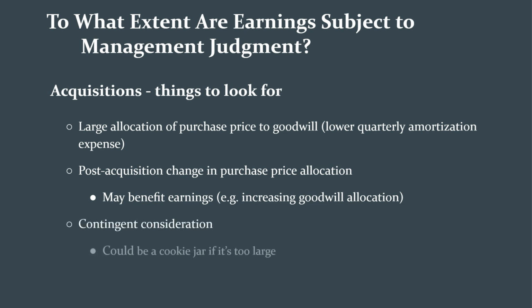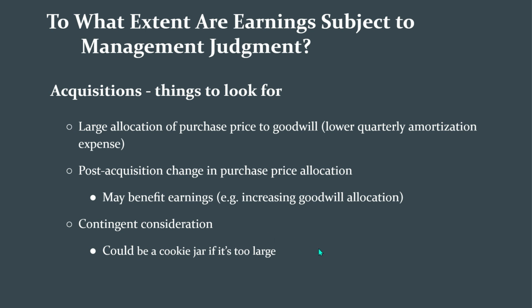Contingent consideration. This could be a cookie jar if it's too large. Now, a contingent consideration is where a part of the purchase price is contingent on the company that is being acquired meeting certain performance targets in its financial statements. And if these targets are not met, the company that's buying this company could take back some of this contingent consideration and it goes back to its earnings.